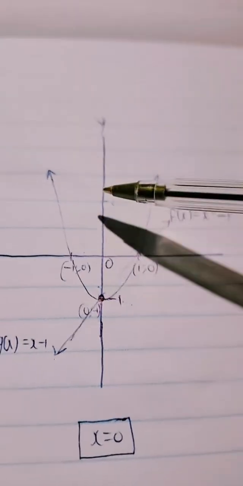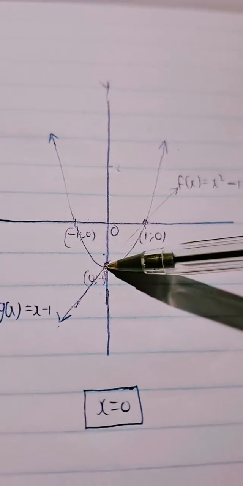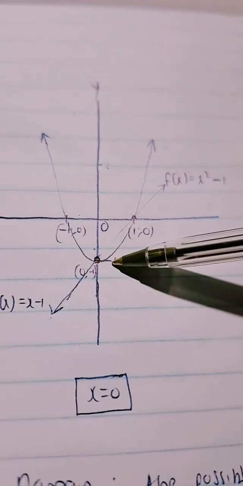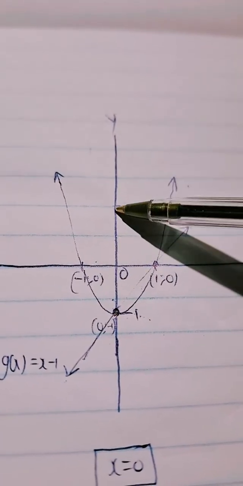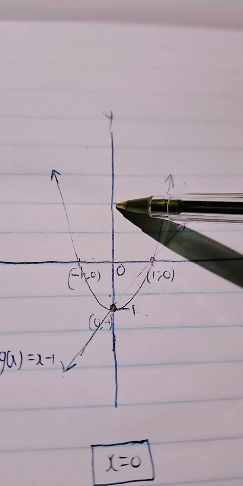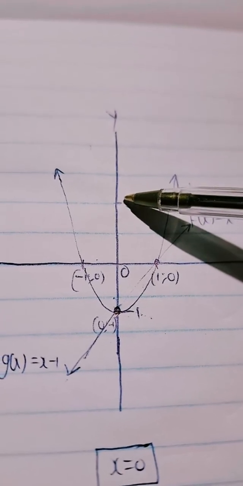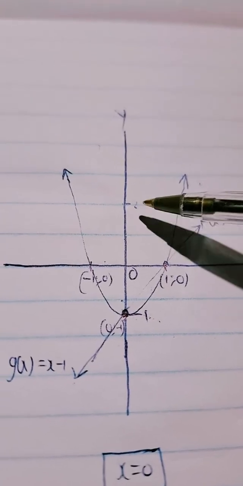So the new turning point is not going to be the 0 and -1 that we had. The x value is going to be 0 because we are still on the y-axis. Remember, the x value on the y-axis is 0. And then the y-coordinate would be +2. So it would be 0 and 2.